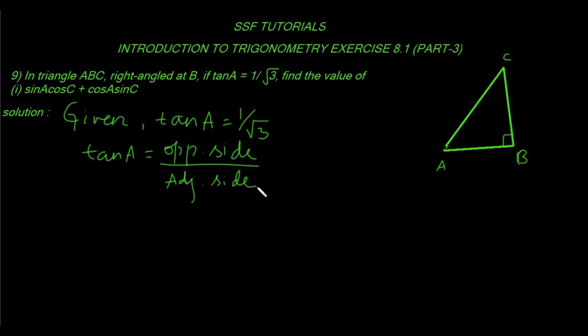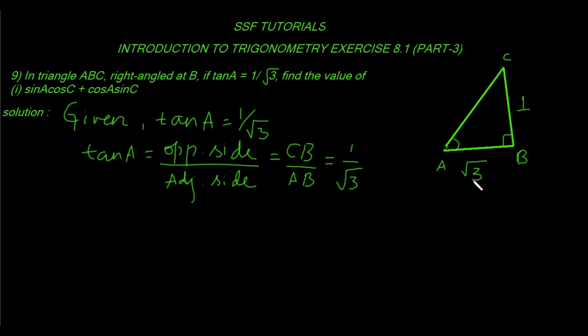So in this figure we are finding it with respect to angle A, which is here. So the opposite side to angle A is CB and the adjacent side is AB. So that is equal to the value which is given to us, 1 divided by root 3. So CB is going to be 1 if we compare, and AB is going to be root 3.